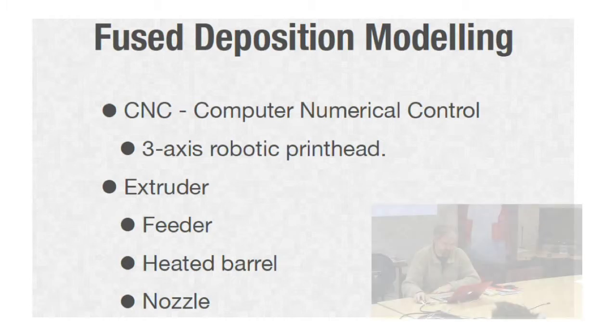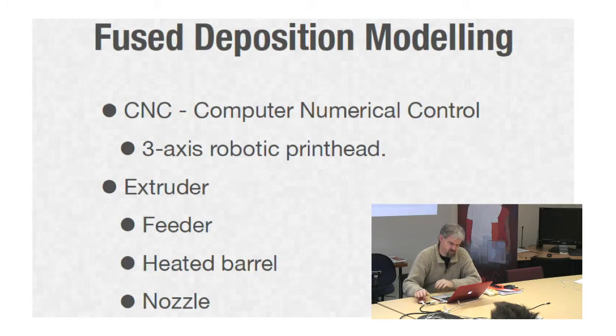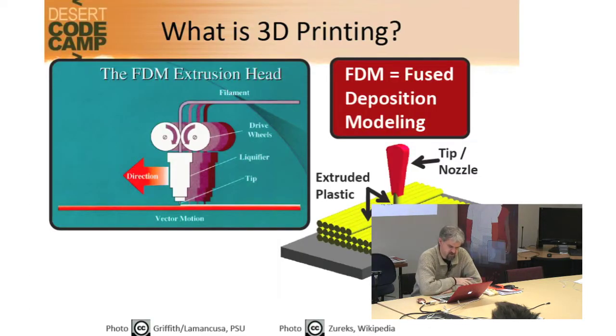I should have had this slide before. In this case, you use a CNC machine that can carve away, or you can use an extruder that drops material onto it. So here's fused deposition modeling. You've got basically a print head, similar to a laser printer, but as it goes along, it drops material.